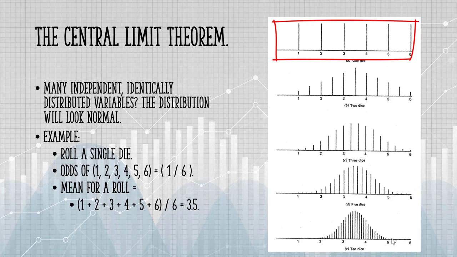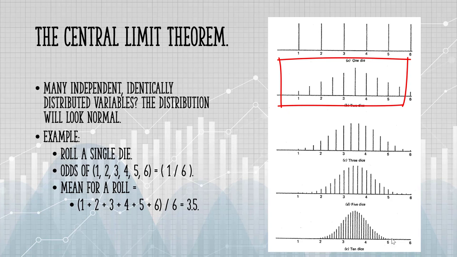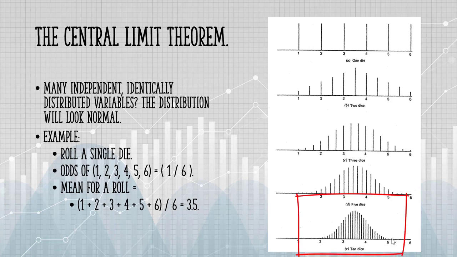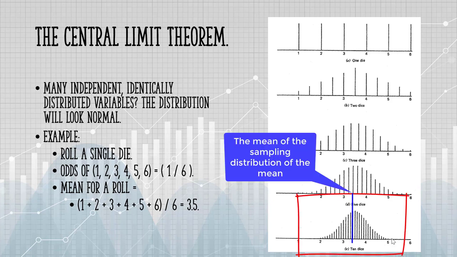It looks like a uniform distribution. It's very flat. However, as the sample sizes increase to 2 dice, 3 dice, and so on, the sampling distribution of the mean looks more and more like a normal distribution. In fact, this last graph below is centered at a mean of 3.5, which is what we calculated above.